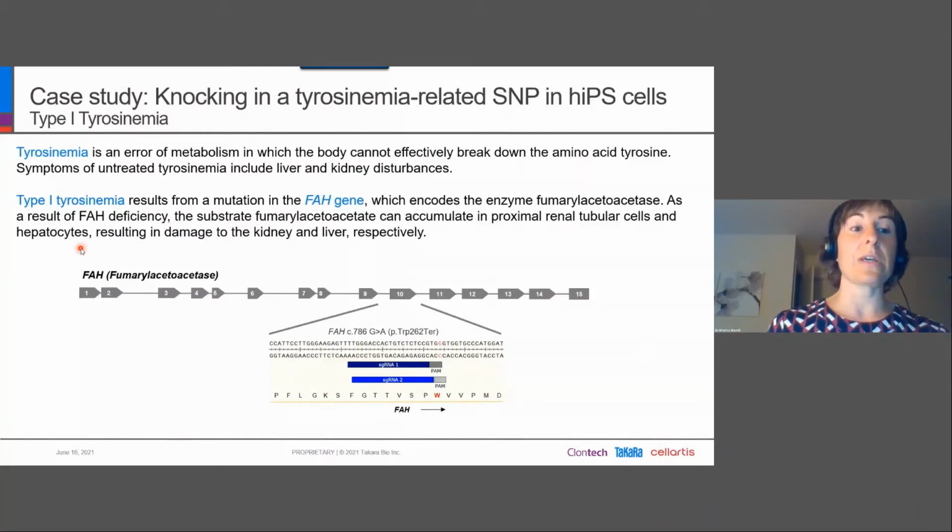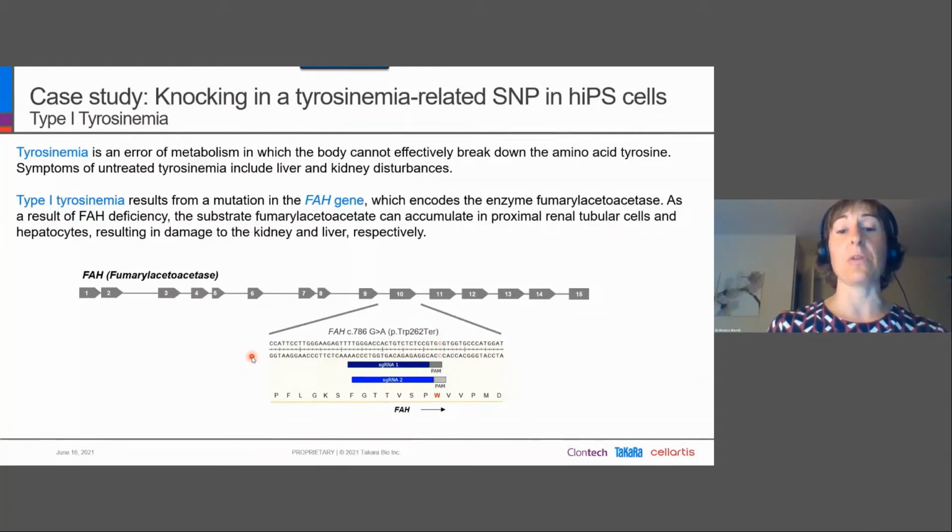One of the types, type 1, is related to mutations in the FAH gene, which encodes the enzyme fumarylacetoacetate hydrolase, one of the enzymes that breaks down tyrosine in multiple steps. We wanted to generate hepatocytes carrying this SNP, a G to an A, which mutates a tryptophan to a termination stop codon.